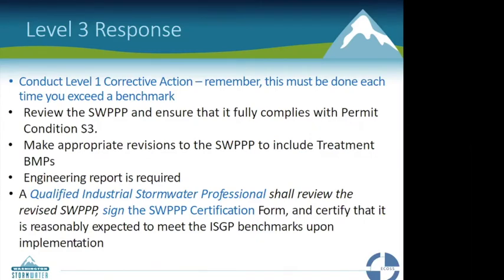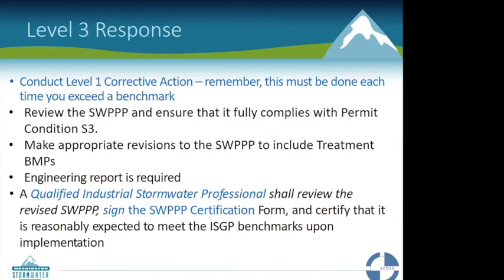And you have to have a qualified industrial stormwater professional to review the SWIP and review the revised SWIP, sign the SWIP certification form, and certify that it is reasonably expected to meet the ISGP benchmarks upon implementation. So that qualified person may be you as the person who's managing the permit, and most likely it's you. But there are other people that can assist you with that.